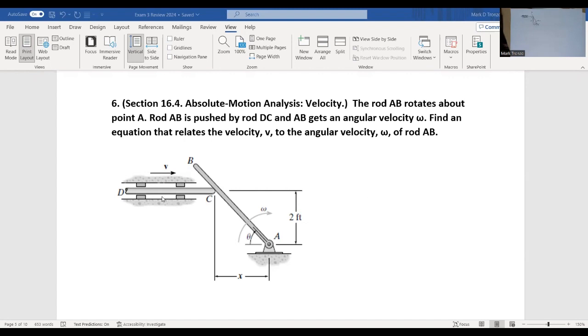So this rod DC is pushing AB, and so AB is rotating and is pushing with some kind of velocity in this direction. And we want to find an equation that relates the velocity to the angular velocity.